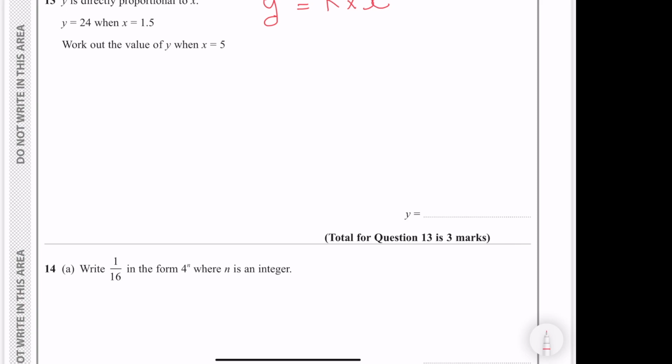They always give you two numbers to find the value of k. So they give you 24 here and x 1.5 to use once, and you don't use them again. They are just used once to find k, and then don't use them again. So 24 divided by 1.5, which is 16.